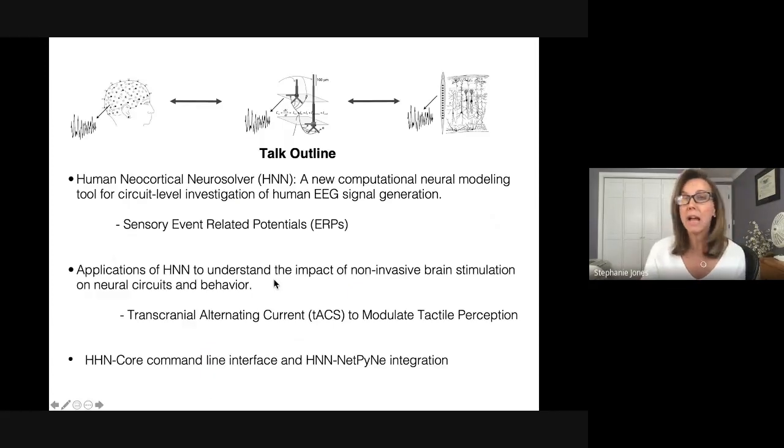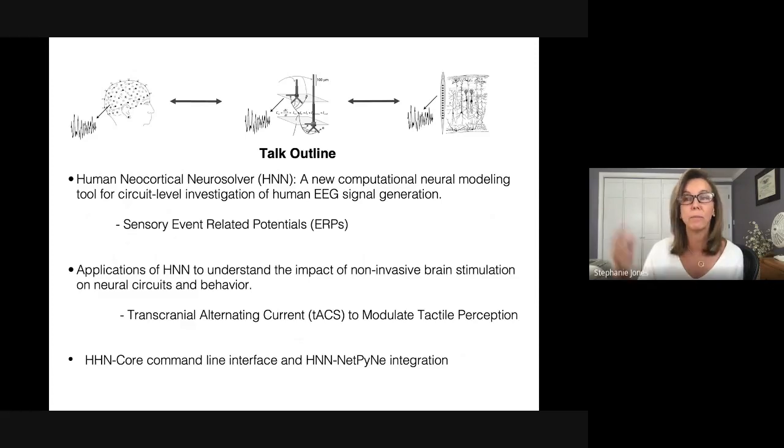So the outline of my talk: I'm going to start by giving you some background on the development of this tool and what's included within it. I'm going to give you an example of how we've applied this tool to study sensory event-related potentials, working with data that we've collected in my lab. I'll then show you another application where we've been applying HNN to try to uncover the circuit mechanisms underlying non-invasive brain stimulation.